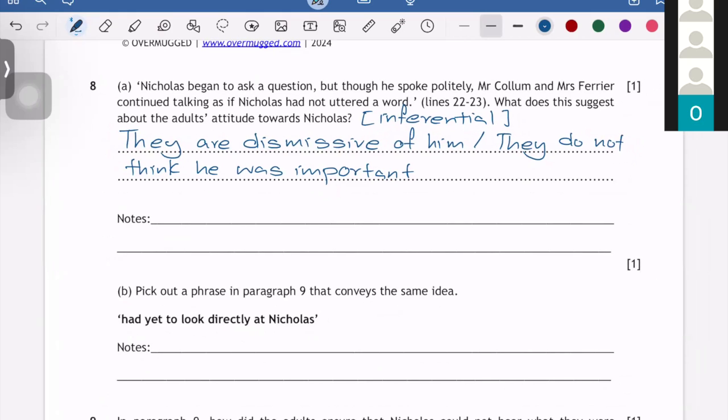Some questions will be like this, especially when it's a two-part question. They will have links to your answer in the previous question. So this same idea is referring to the attitude of the adults. Nonchalant. No.